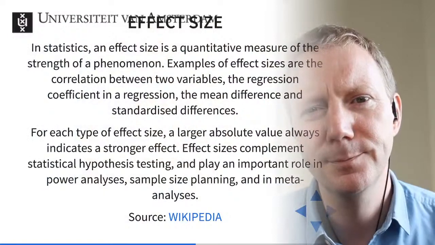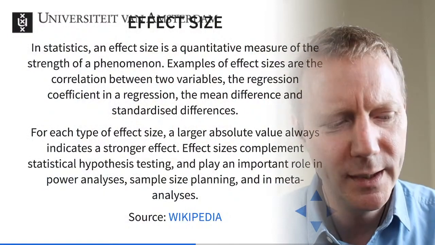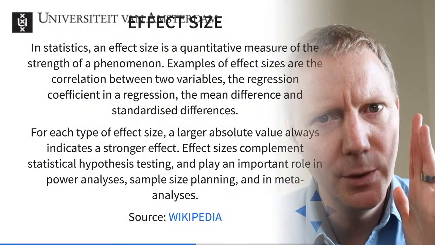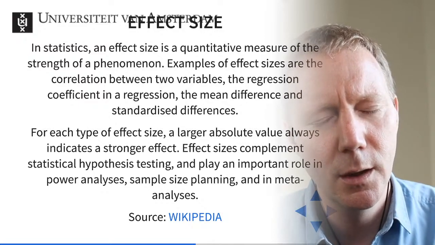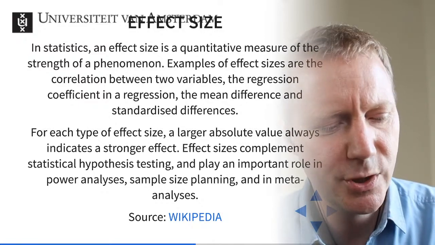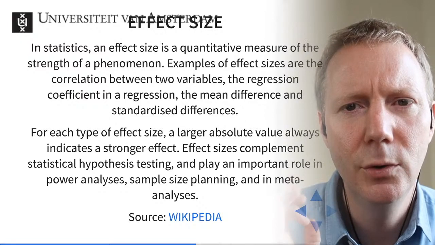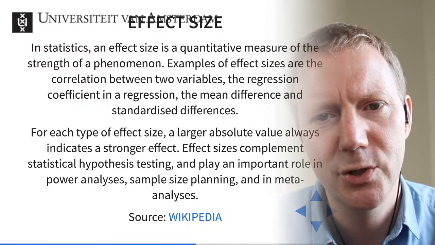So we have to calculate this effect size. We will do this during this course, and also we have to add this effect size in the reporting of our research results. And the effect size is determined by the difference between the mu of the null distribution and the mu of the alternative distribution.